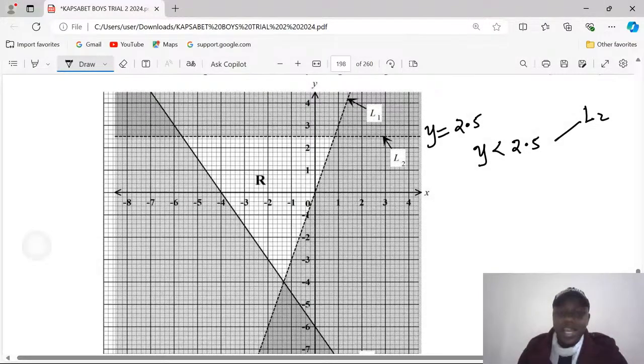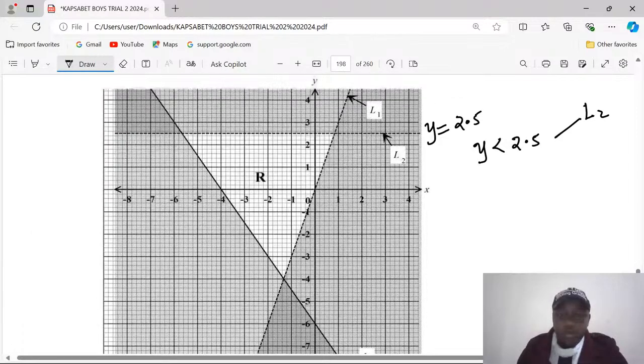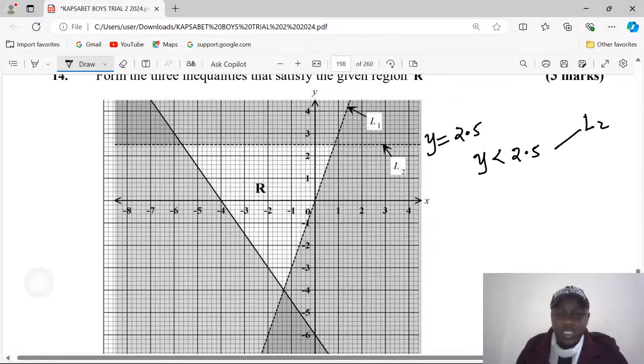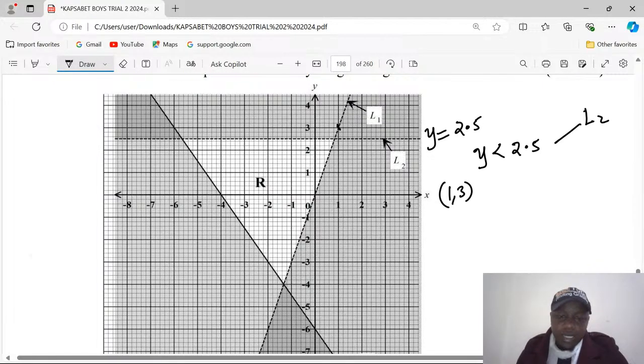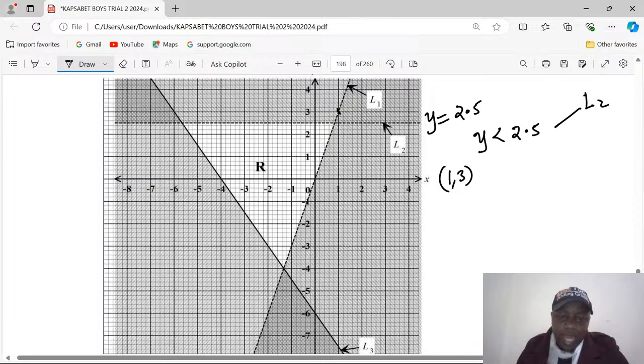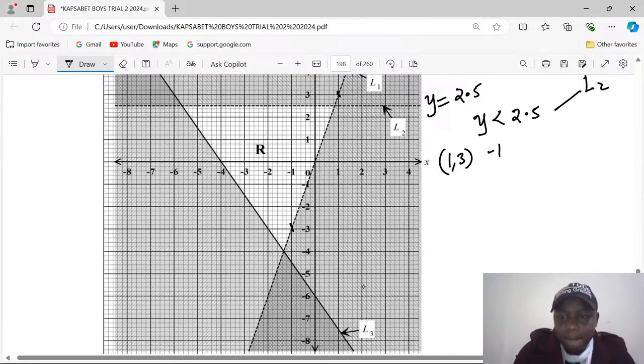We can do L1 now. This is a sloping line, and it means we are supposed to first of all get the gradient. For us to get the gradient, we obtain two coordinates along which the line passes. A coordinate like (1, 3). Another coordinate like (-1, -3).